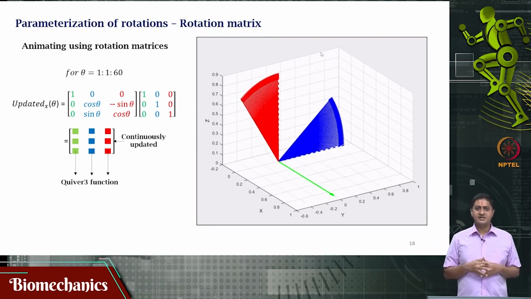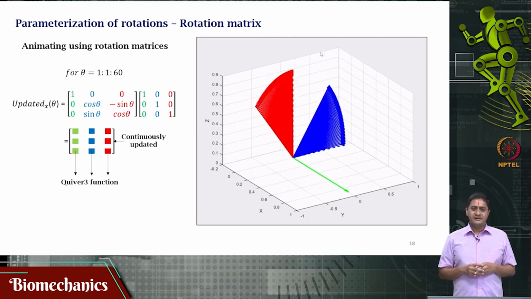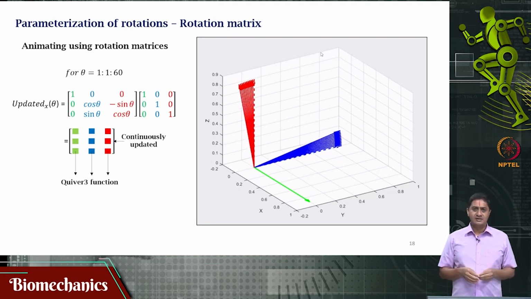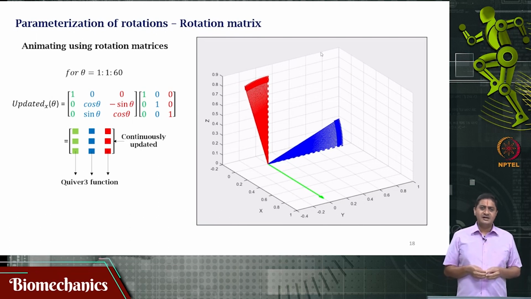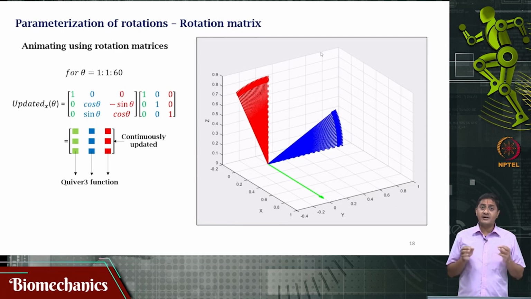Let us say that you are measuring 100 instances per second, for example, and this method that you are using, whatever that method may be, it might be an optical method, it might be an electromagnetic tracking sensor, or it might be a glove, it might be something that is giving you rotation matrices at the rate of 100 per second.